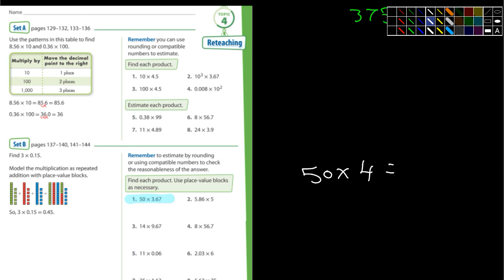So what's 50 times 4? So my answer should be around 200 for number 1 right here. All right? So that's one way to check for reasonableness. You don't have to do that, but it's probably a smart thing to do.